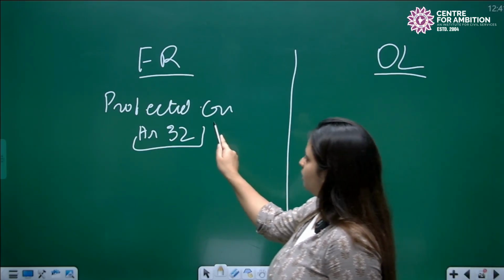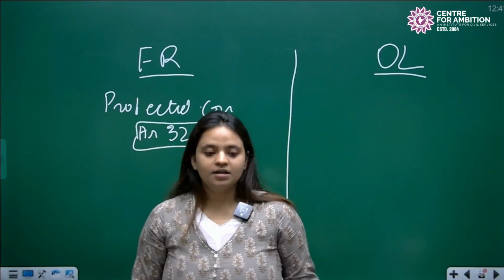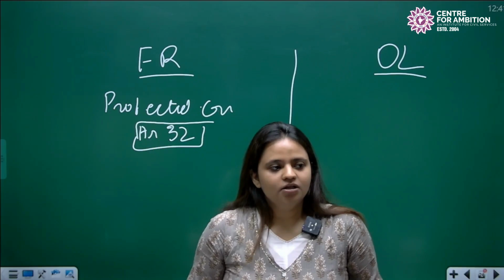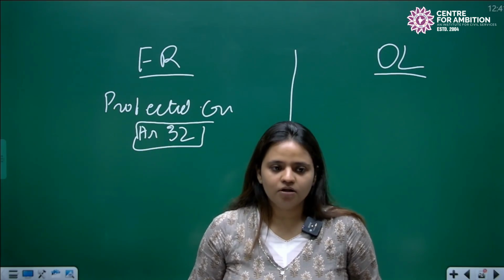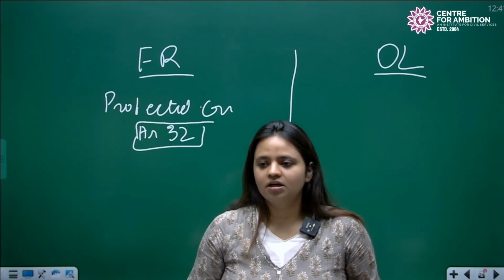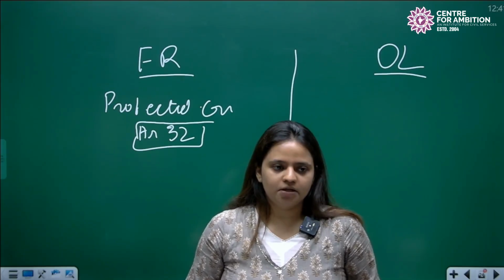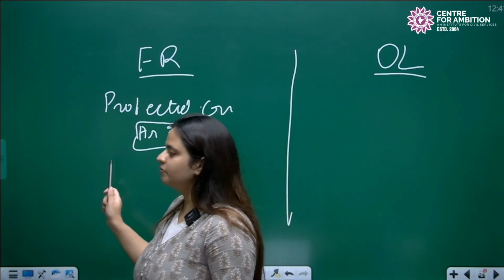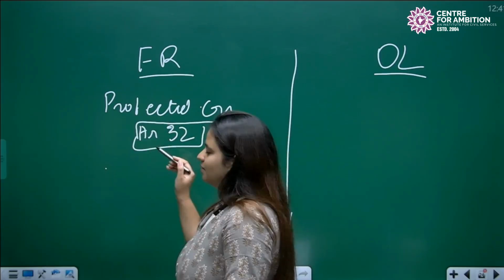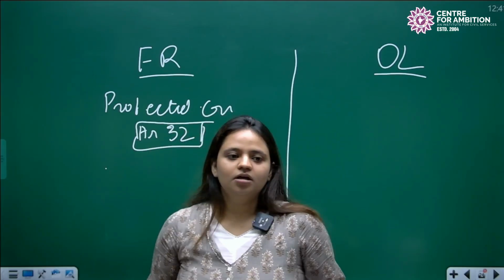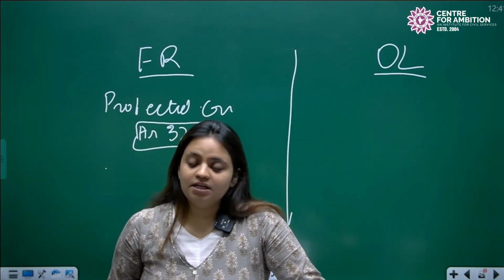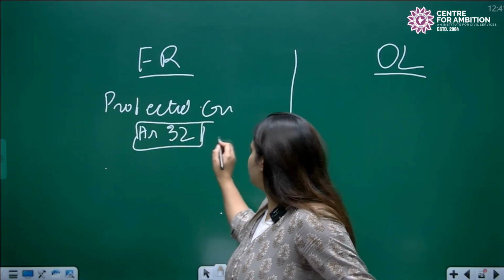Article 32, we'll read about it, is a special writ jurisdiction that the Supreme Court can give you a judgment in case a violation of a fundamental right occurs. Okay, if any of your fundamental rights is violated, by activating Article 32 you can seek justice, you can seek the remedy from the Supreme Court directly.